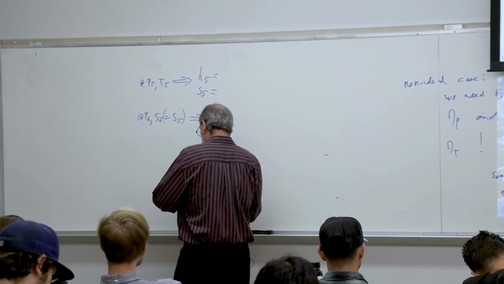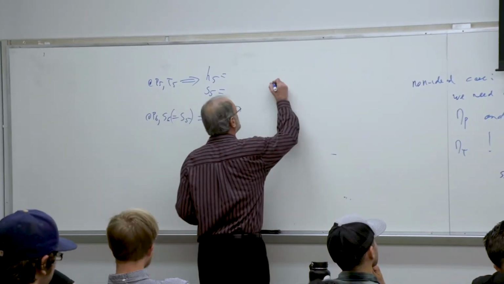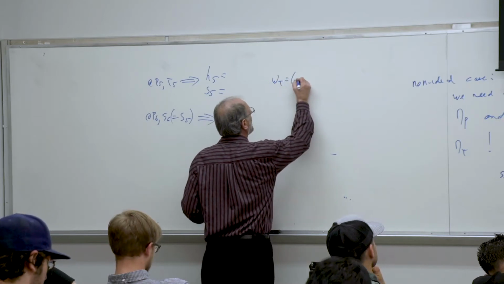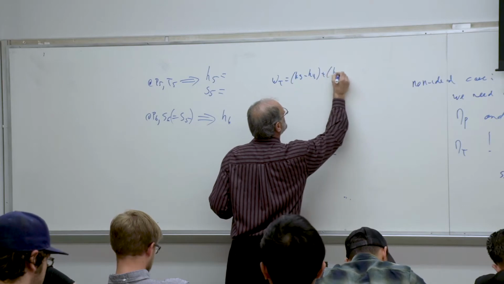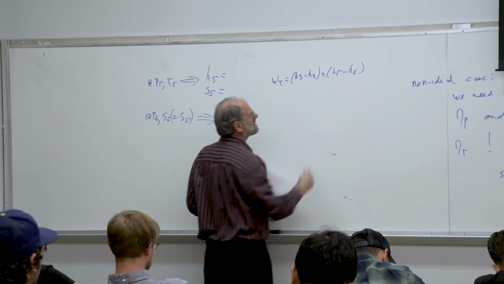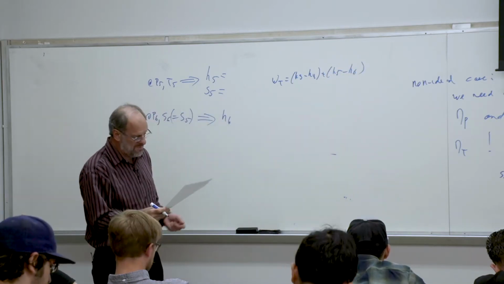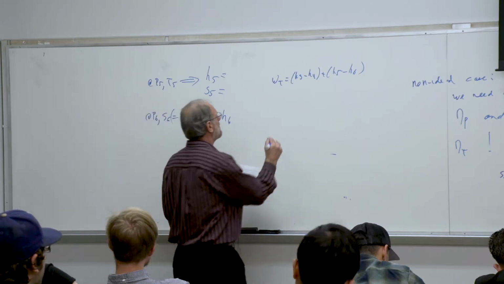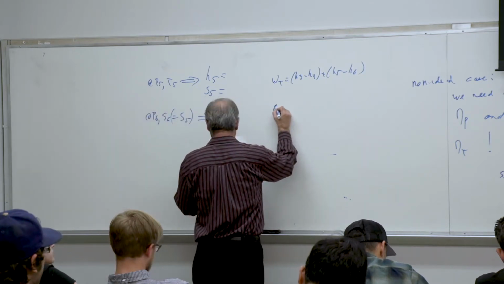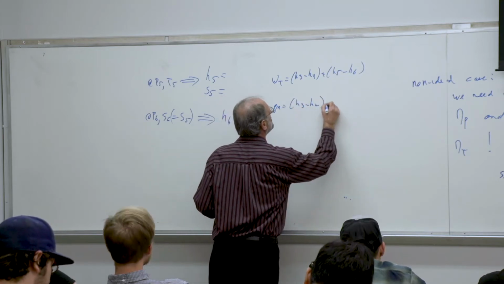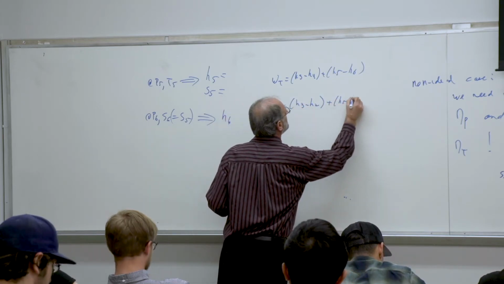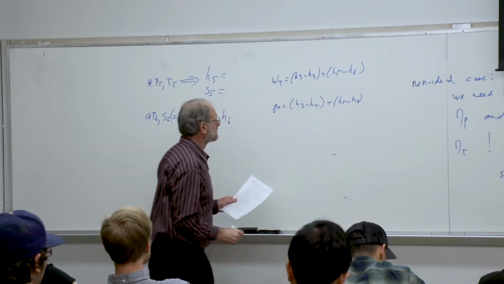And then last but not least, it's just a matter of finding all of our work terms. The turbine work output is going to be H3 minus H4. It's H5 minus H6, two turbines. So we have to include both of them so we can calculate that. And of course, to find the thermal efficiency, we're also going to need the heat input. So H3 minus H2 plus H5 minus H4.